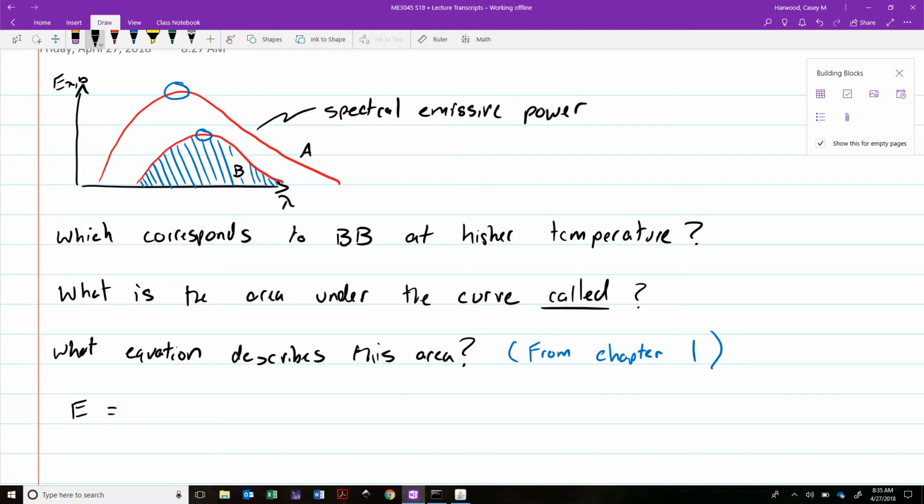I'm not going to write it again, but it was this nasty function of both lambda and temperature. And if we integrate it across lambda, the area under that curve would end up being this guy right here. Sigma times T to the fourth. Okay, does this look familiar? Known as the Stefan-Boltzmann Law.